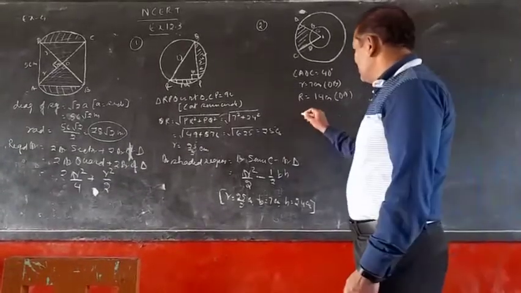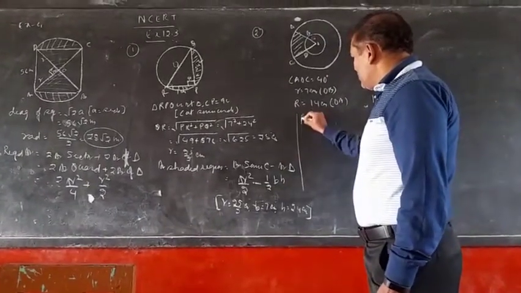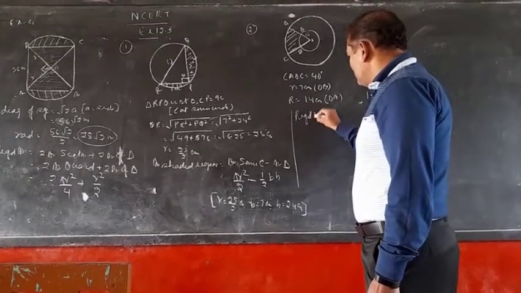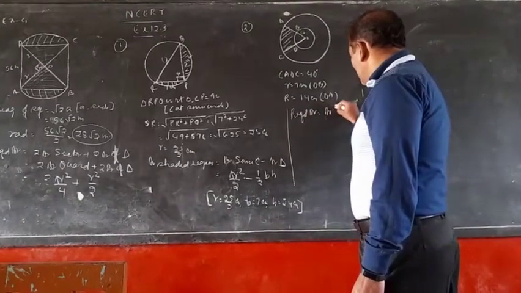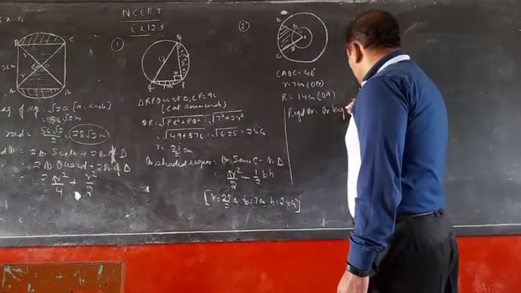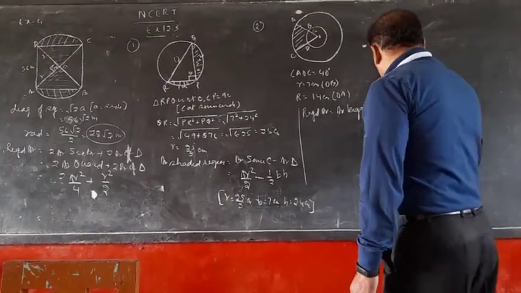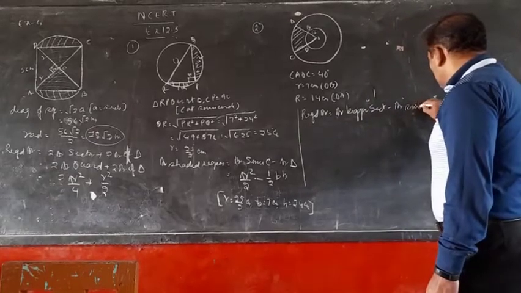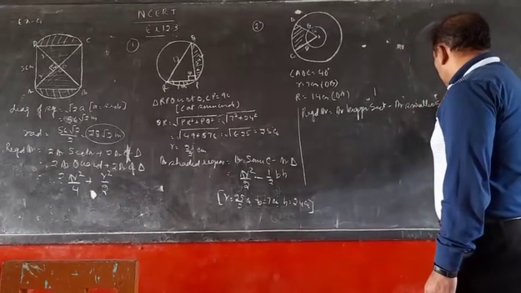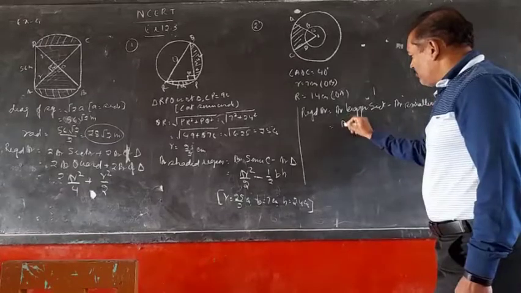How will we find this? Required area is equal to area of bigger sector minus area of smaller sector. What is the formula?